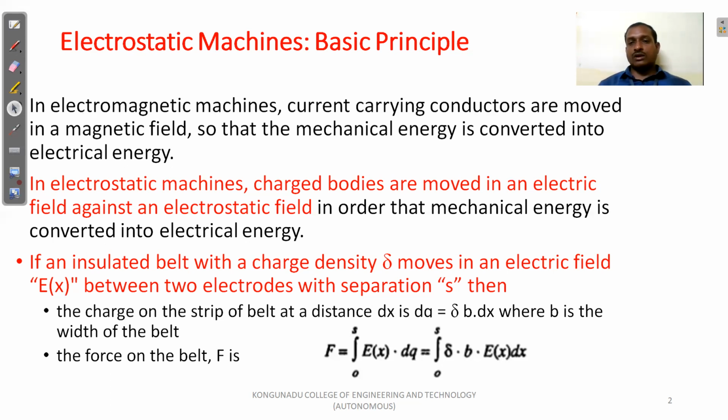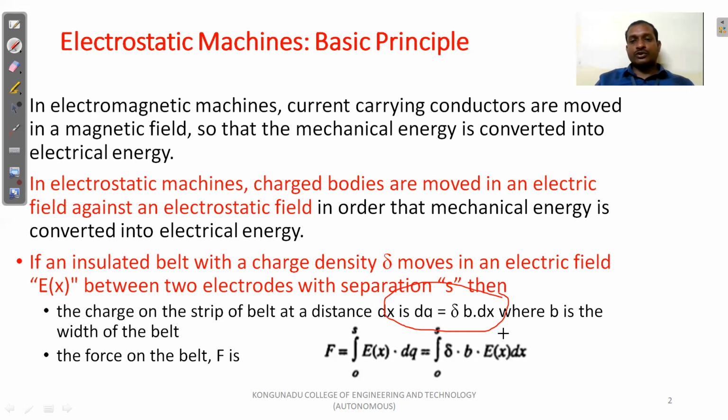So dq is equal to del into b into dx, where del is the charge density, b is the width of the belt, and dx is the distance. Our belt is moving with a charge density of del between the electrodes separated by distance S in an electric field E of x. So dq is equal to del b into dx.